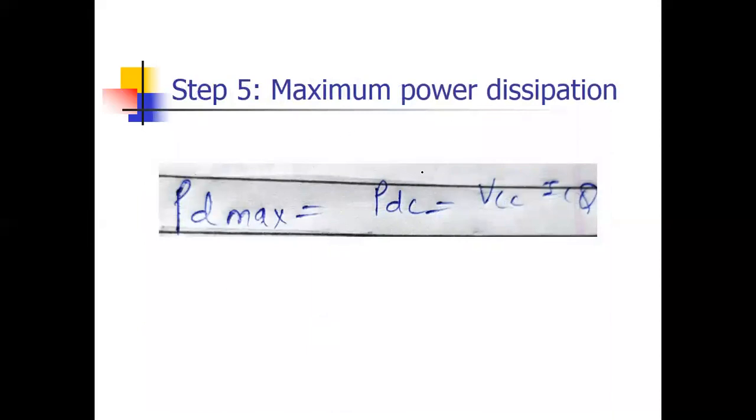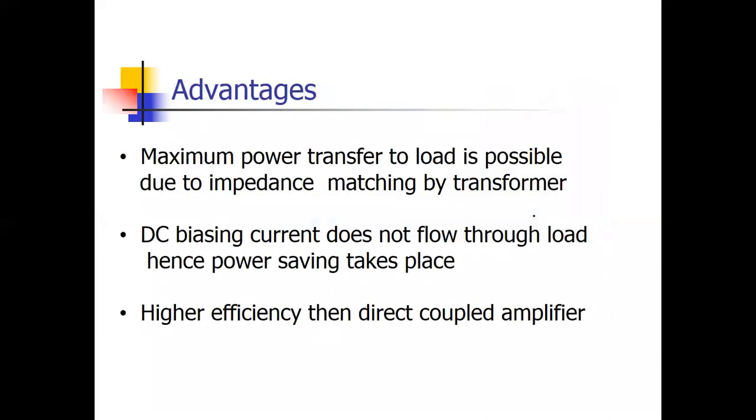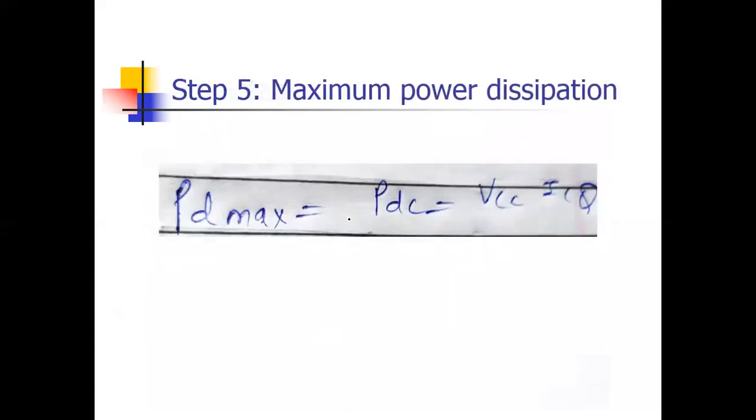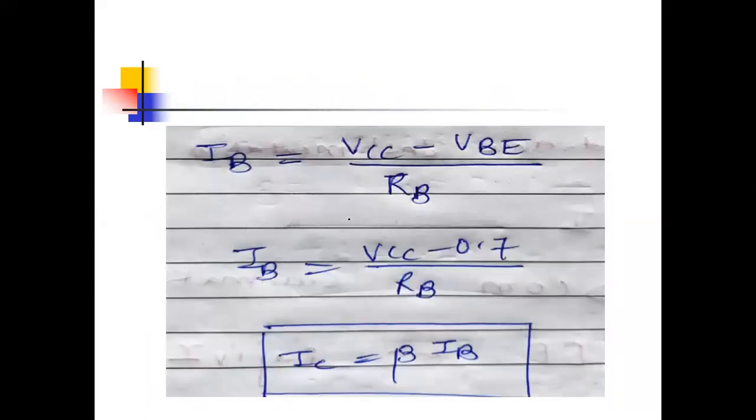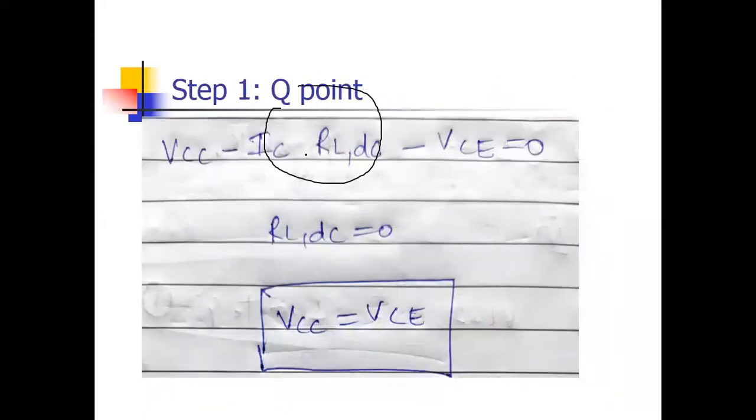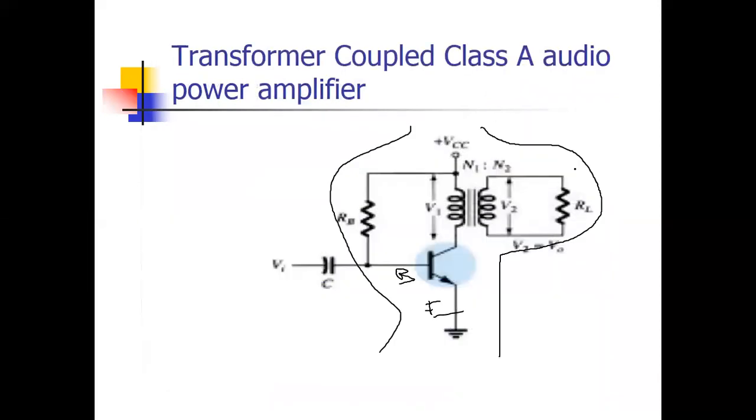The DC maximum power dissipation is whatever the DC power dissipation is, VCC into ICQ. Advantage: maximum power transfer to the load is possible because the transformer is there, and impedance matching is there. DC biasing current does not flow through the load, hence power saving takes place. If you remember, when we did the DC analysis, this current was 0, means no current is in this.